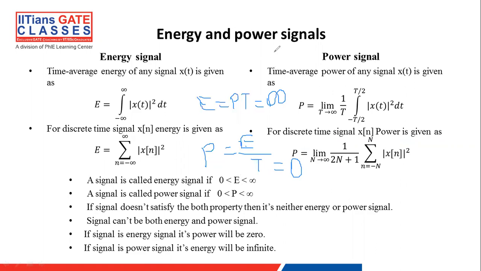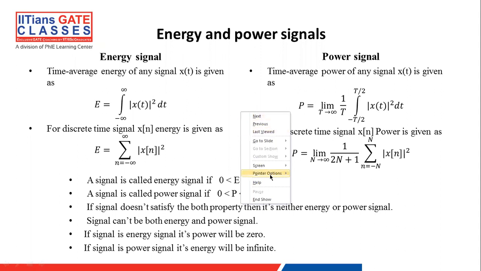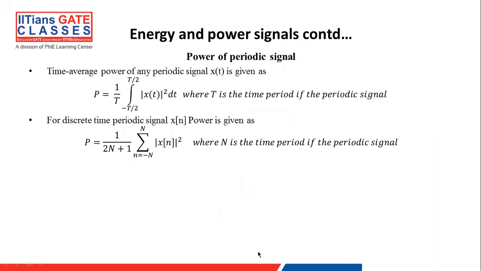That's why if a signal is an energy signal, it cannot be a power signal, and if it is a power signal, it cannot be an energy signal. So if the signal is an energy signal, its power will be 0, and if the signal is a power signal, its energy will be infinite.